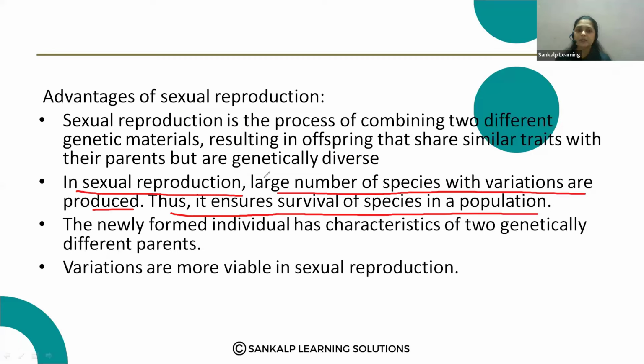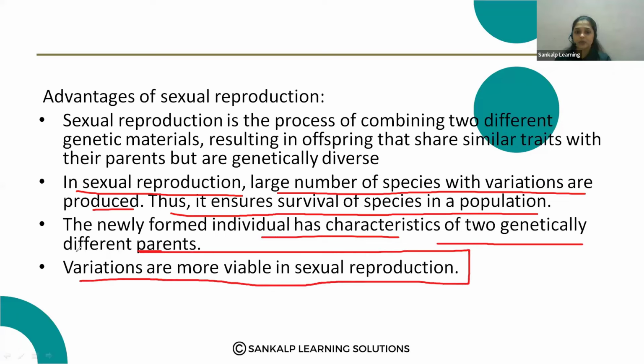Many organisms are produced, but with variation. So all the organisms which are produced are different. The newly formed individual has characteristics of two genetically different parents, and variations are more viable in sexual reproduction.